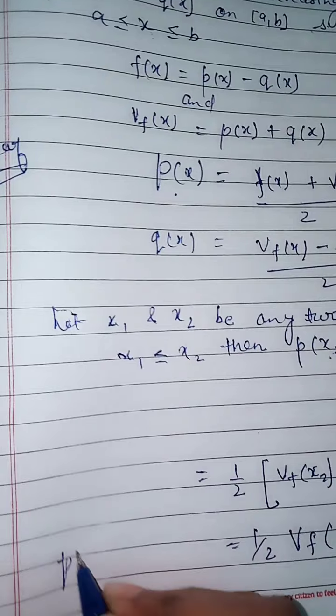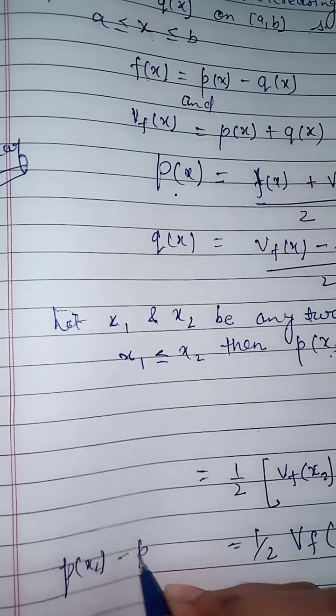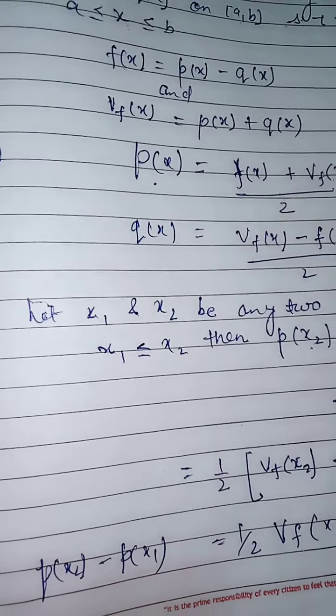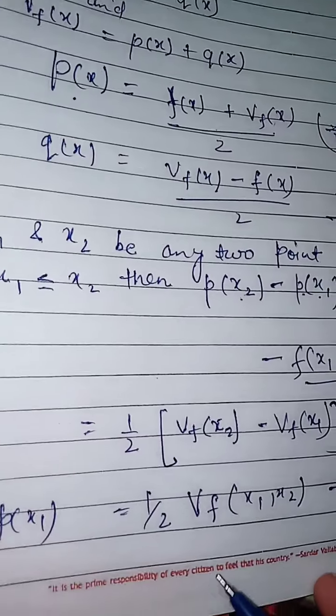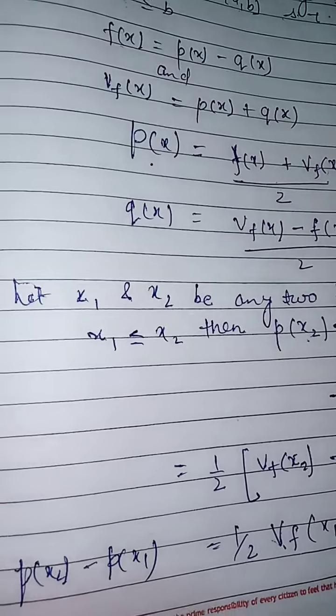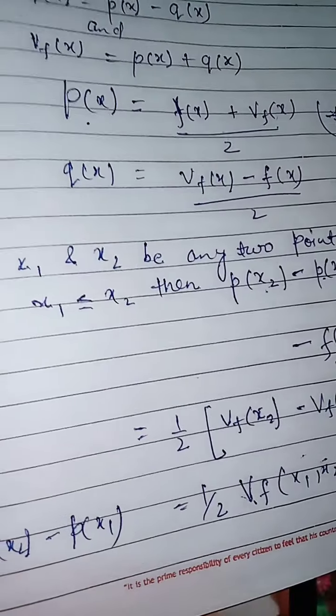What you have got is p(x2) minus p(x1). Okay, so let's solve q(x2) minus q(x1) in the same way. But first you have to write down here the variational function of x1 to x2 plus the variational function.